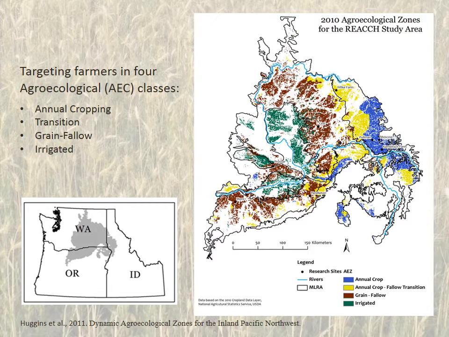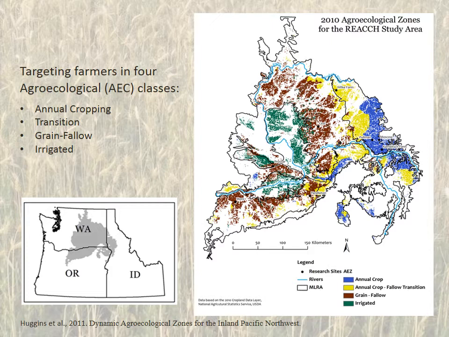I'm first going to talk to you a little bit about the agroecological classes. Some of you may know these really well and some of you may not, so I'll go through them quickly. The green on this map is the irrigated, those that irrigate their crops. As we move east, rainfall slowly increases.